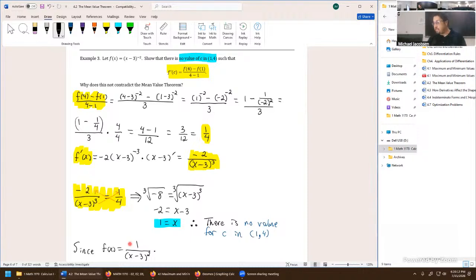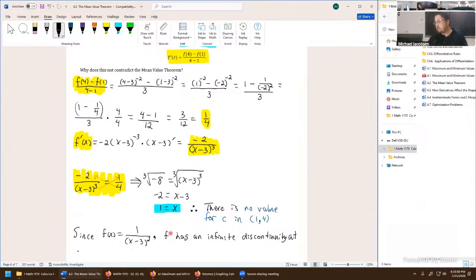Since that's what f of x is, f has an infinite discontinuity at x equals 3. So right at the value 3, we have a problem.